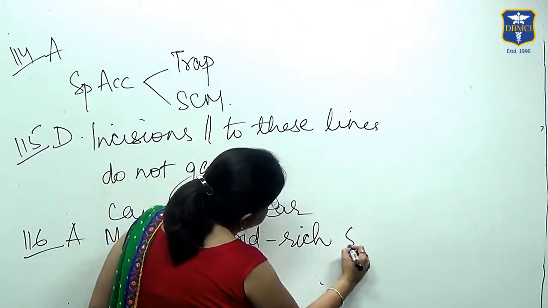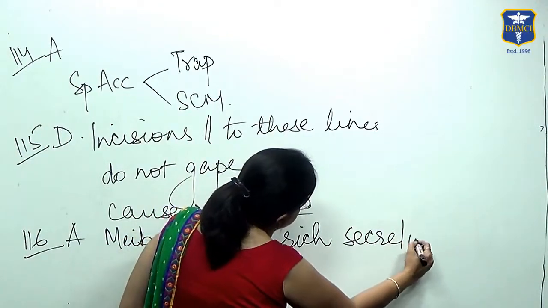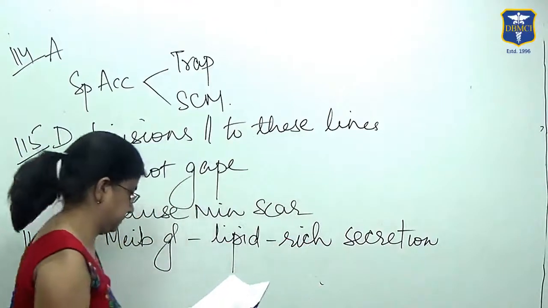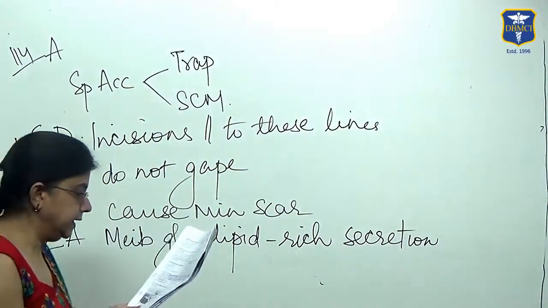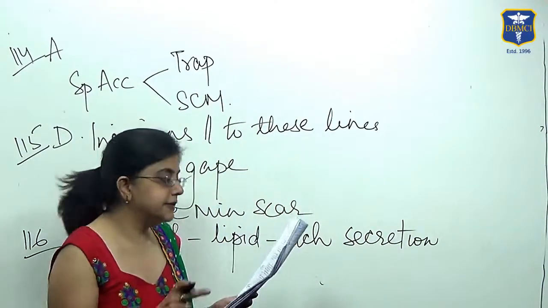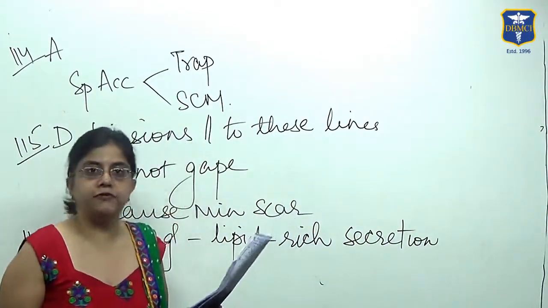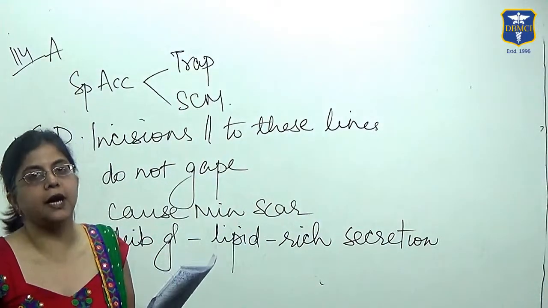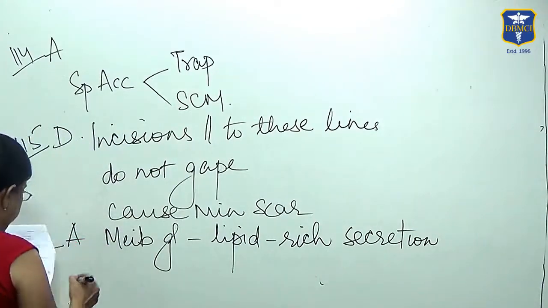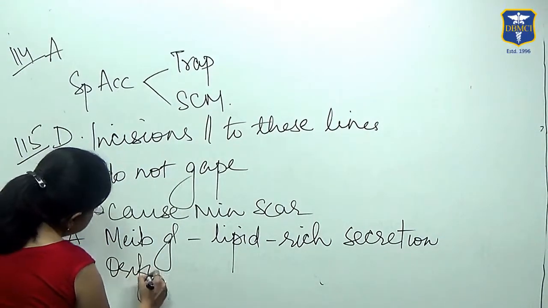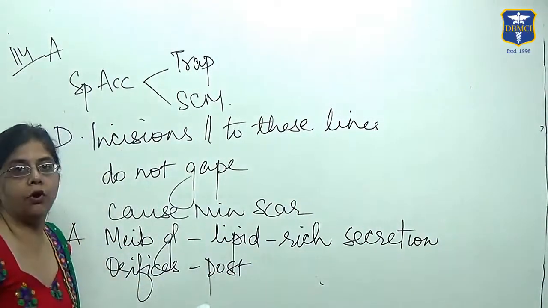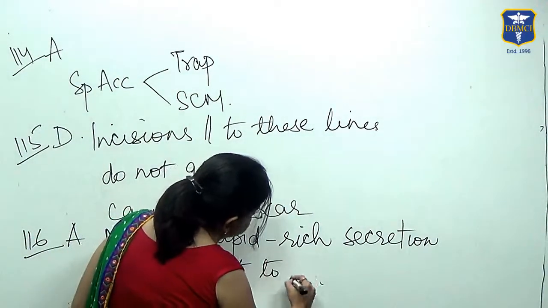It is a lipid-rich secretion. Then the orifices of the meibomian glands, here it's given they are anterior to the root of eyelashes, but actually they are posterior to the root of eyelashes, and not anterior.